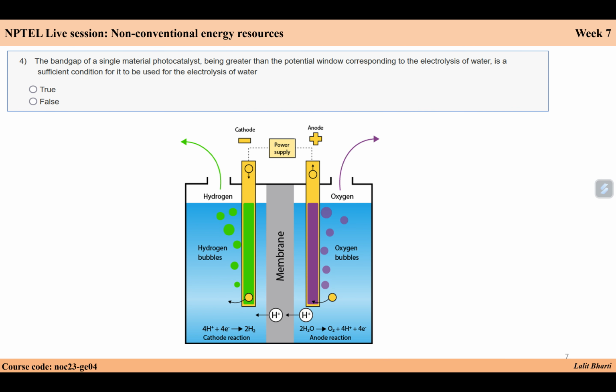In our next question, it says the band gap of a single material photocatalyst being greater than the potential window corresponding to the electrolysis of water is a sufficient condition for it to be used in photocatalysis of water.